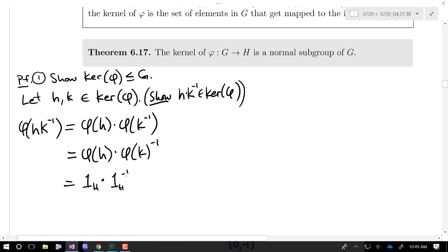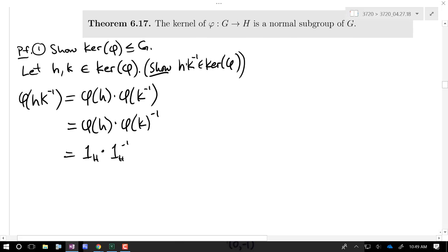The inverse of the identity is always just the identity. The identity is the one element that is its own inverse. So this just gives me 1 times 1, which is 1. So this means that HK inverse is in the kernel of phi.